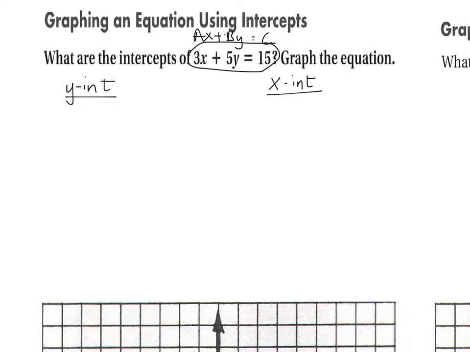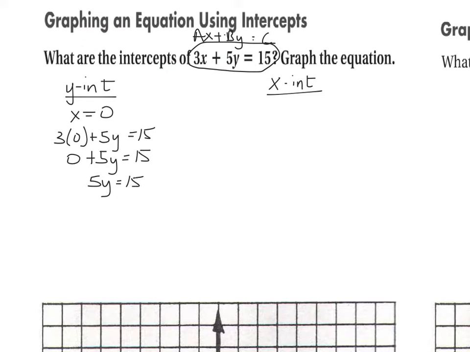To find the y-intercept, I'm going to set x equal to 0. So this is going to be 3 times 0 plus 5y equals 15. Well, 3 times 0 is 0, so it's really 0 plus 5y equals 15. Do I really need the 0 out there? I really don't. So this is just 5y equals 15.